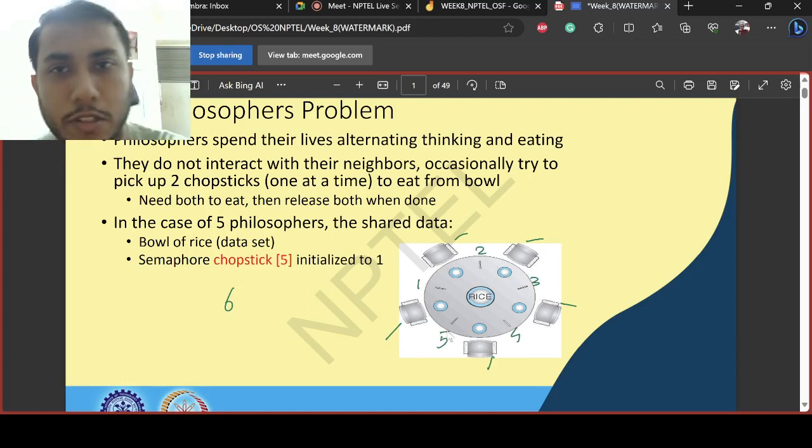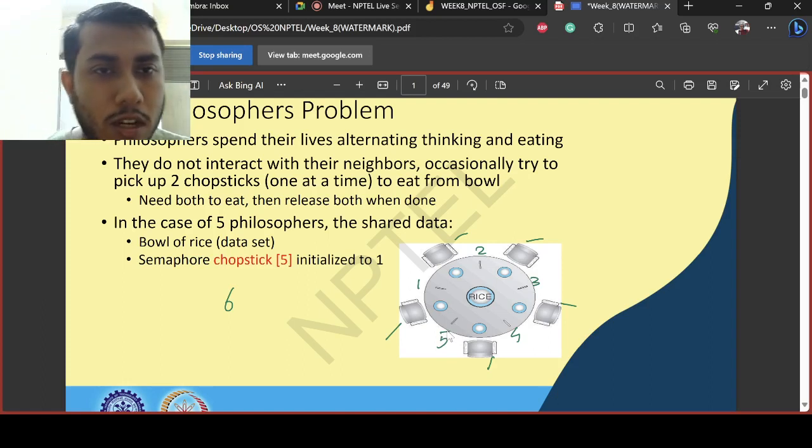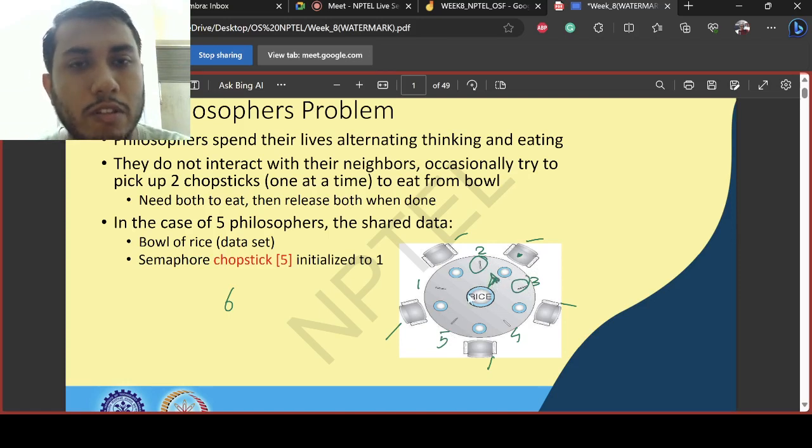These are placed on both sides, so for this diner, one chopstick is placed here and one chopstick is placed here. Here is their food, right? So they want to eat their food. To eat, they need 2 chopsticks.